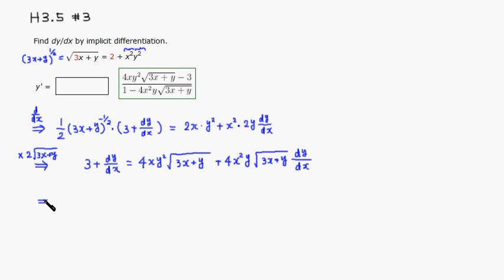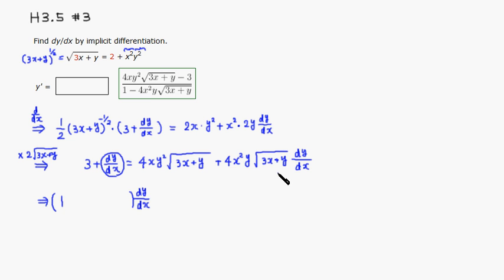So let's do that, right? So on the left hand side, I'm going to collect all the terms with the dy over dx. So I'm going to factor out the dy over dx. All right, so here, you have 1 dy over dx on the left hand side, so that's going to be 1 here, right?